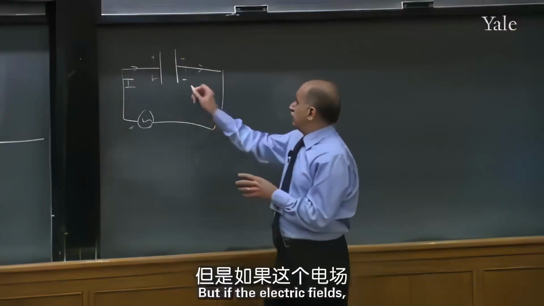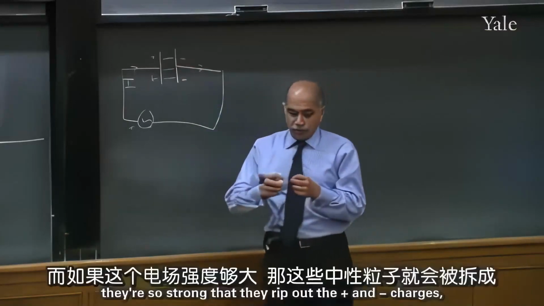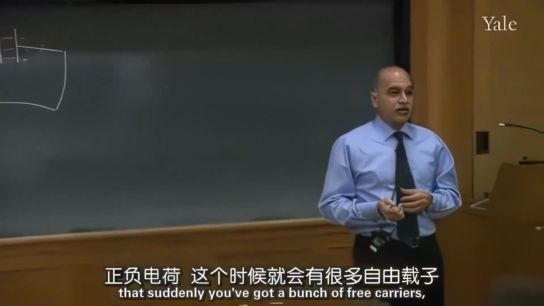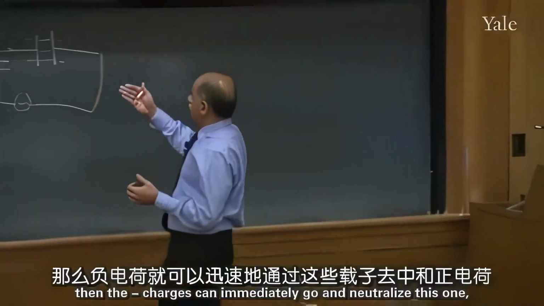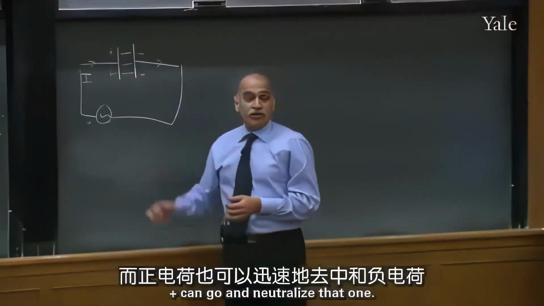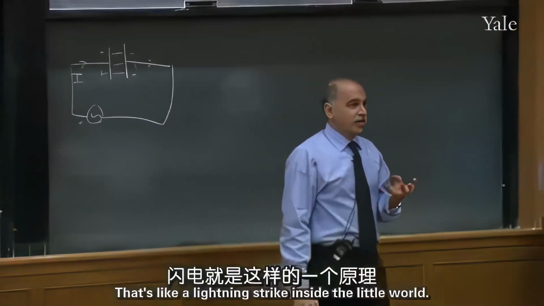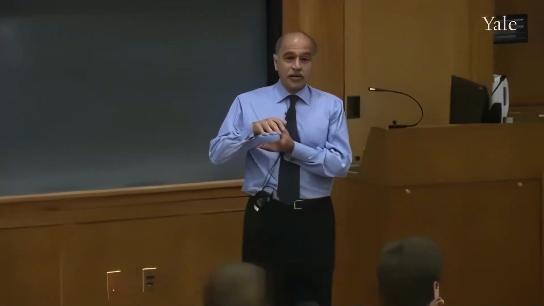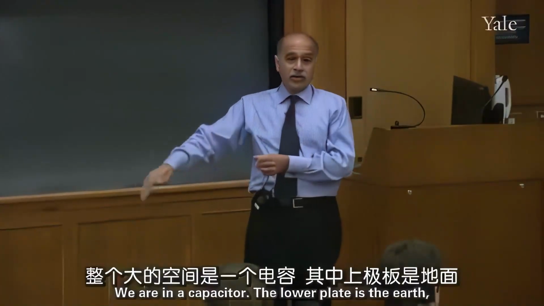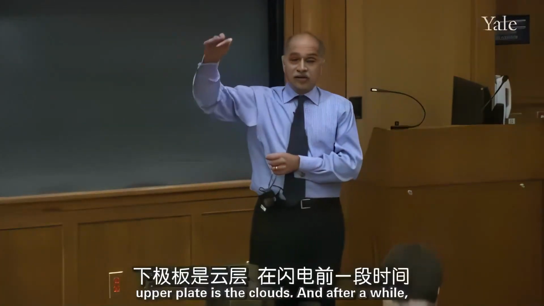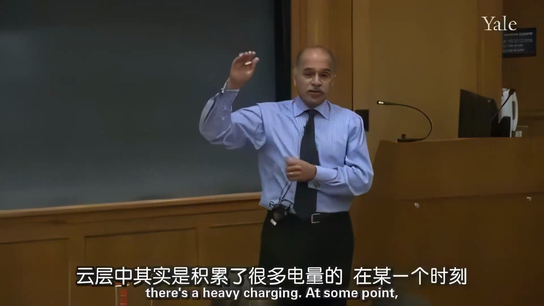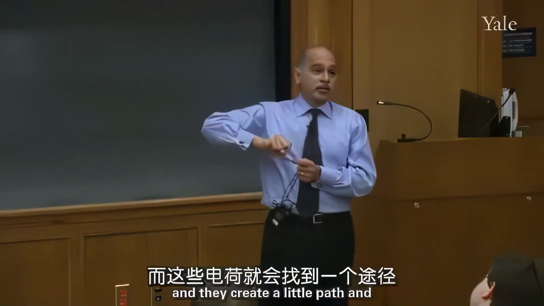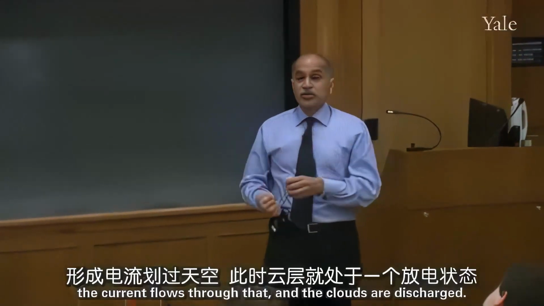But if the electric fields, and this will certainly produce electric field, are so strong that you rip out the plus and minus charges, then suddenly you've got a bunch of free carriers. Then the minus charges can immediately go and neutralize this one, plus can go and neutralize that one. That's like a lightning strike inside the little world. That's what happens to us during lightning. We are in a capacitor. The lower plate is the earth, the upper plate is the clouds, and after a while there's a heavy charging. At some point they cannot take it anymore, and they ionize the air, and they create a little path, and the current flows through that, and the clouds are discharged.